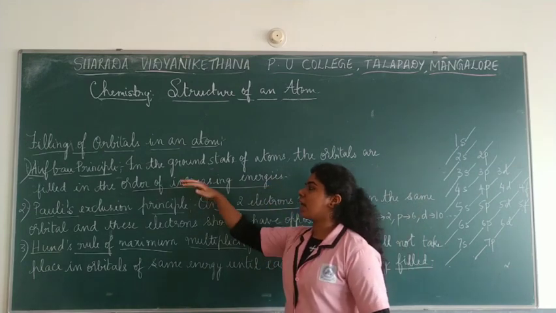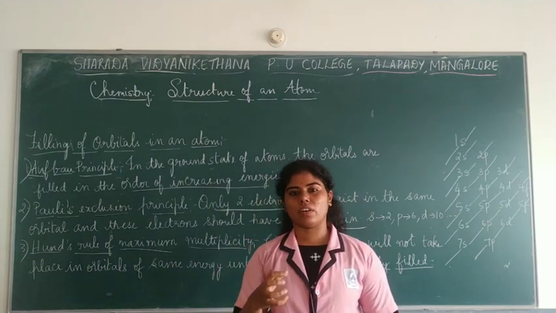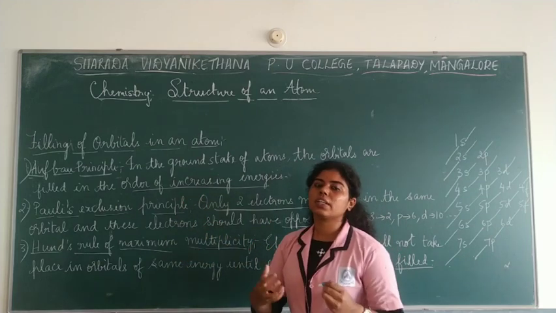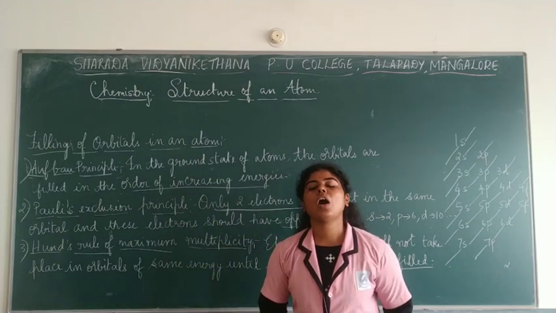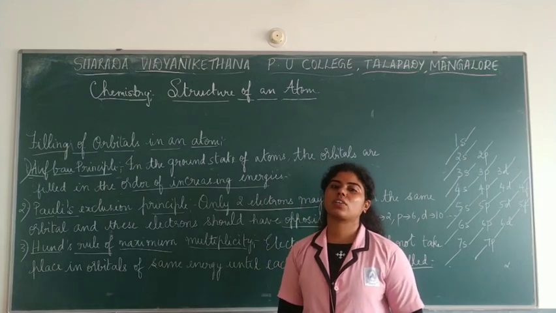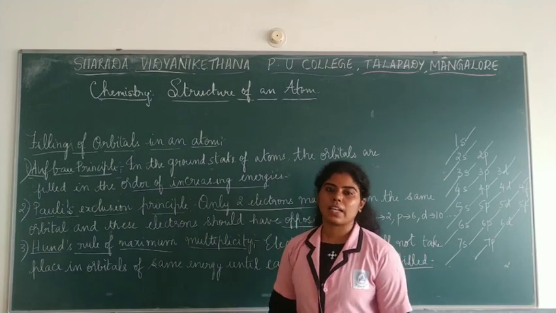First of all, there are 3 principles, or rules, given by different scientists, which determine how to fill electrons in particular orbitals, what the capacity is, and in what orientation we should fill these electrons.